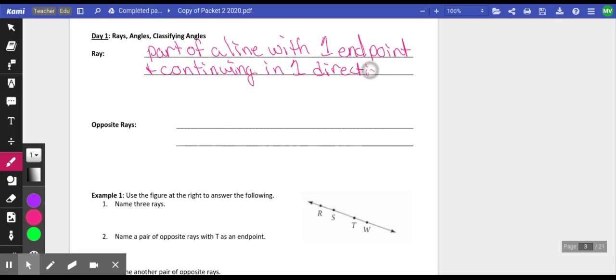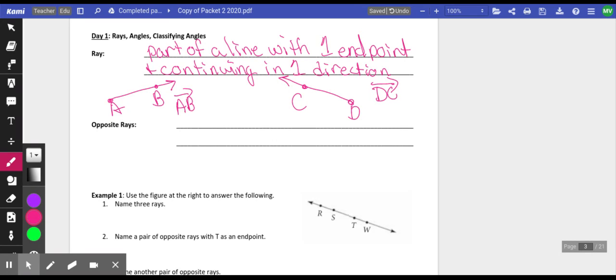It is important when we name a ray that we list the endpoint first. So here I have ray AB because it starts at A and goes towards B. This, even though it goes to the left, would be ray DC because I always list the endpoint first.